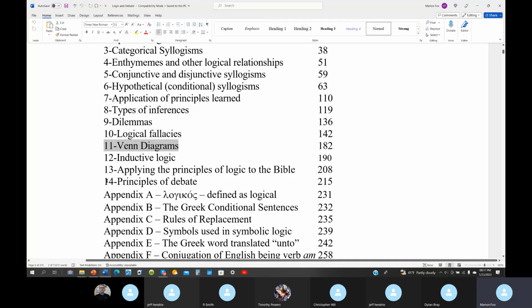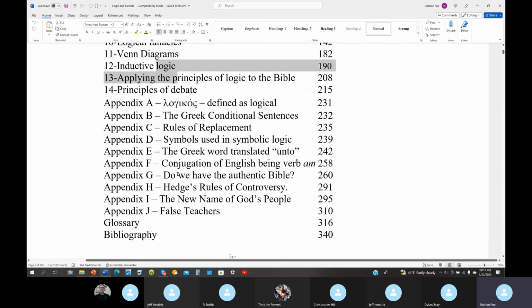And then we're going to have principles of debate, chapter 14. Inductive logic, we get into the scientific stuff. Right? Now, we'll look at the Greek word translated unto. It's in Acts 2:38. We'll be looking at that. And we'll be looking at, do we have the authentic Bible? That's a question. Is our Bible authentic?